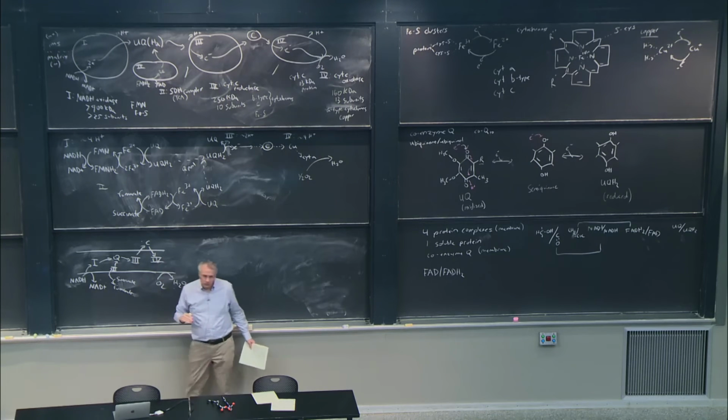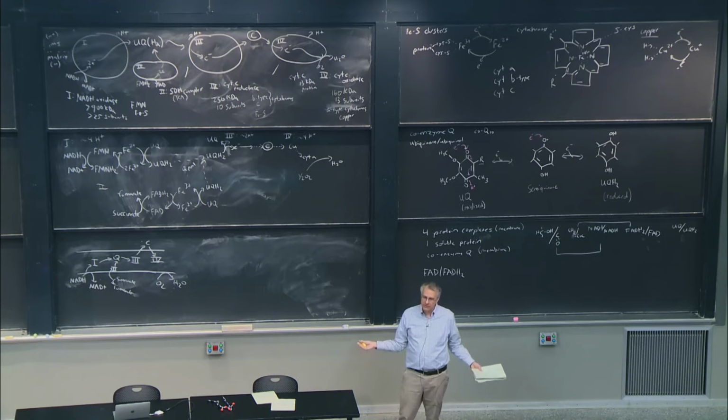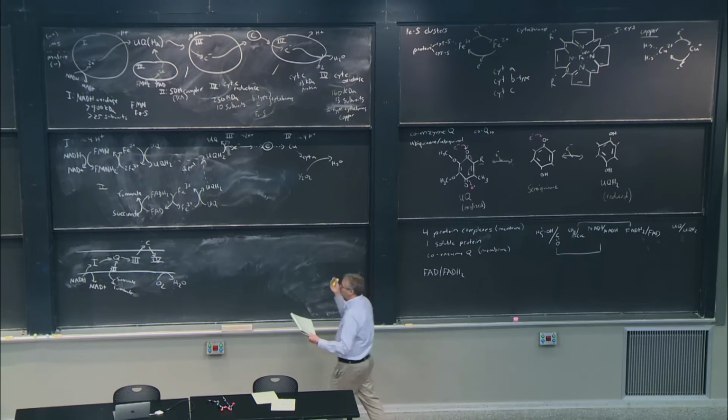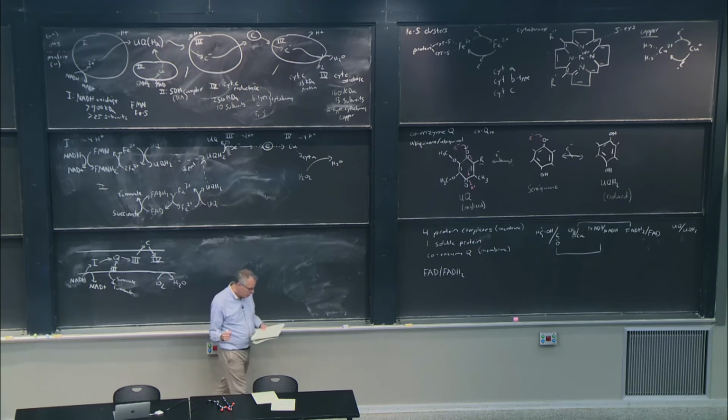So complex 2 happens to be an FAD-FADH2 containing enzyme that's part of the TCA cycle and part of the electron transport chain as a way to transfer electrons in the TCA cycle into the Q pool via this succinate to fumarate conversion.